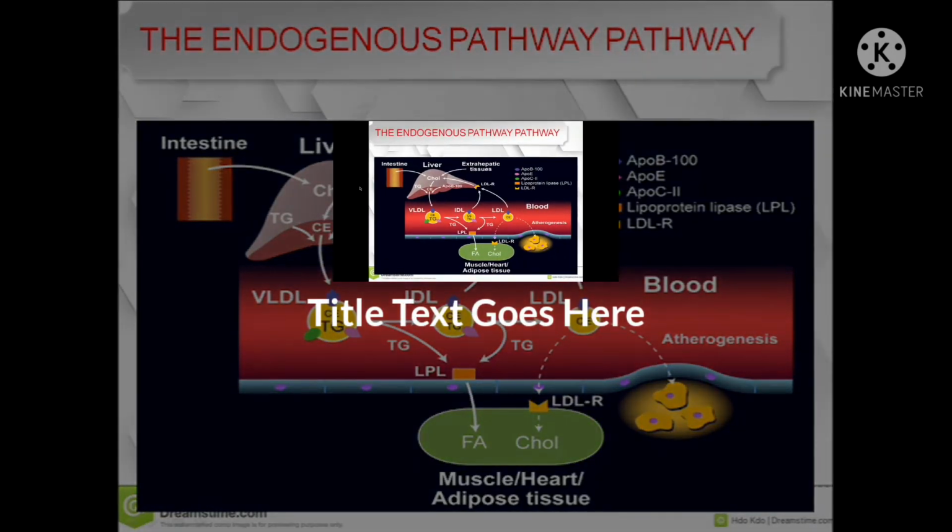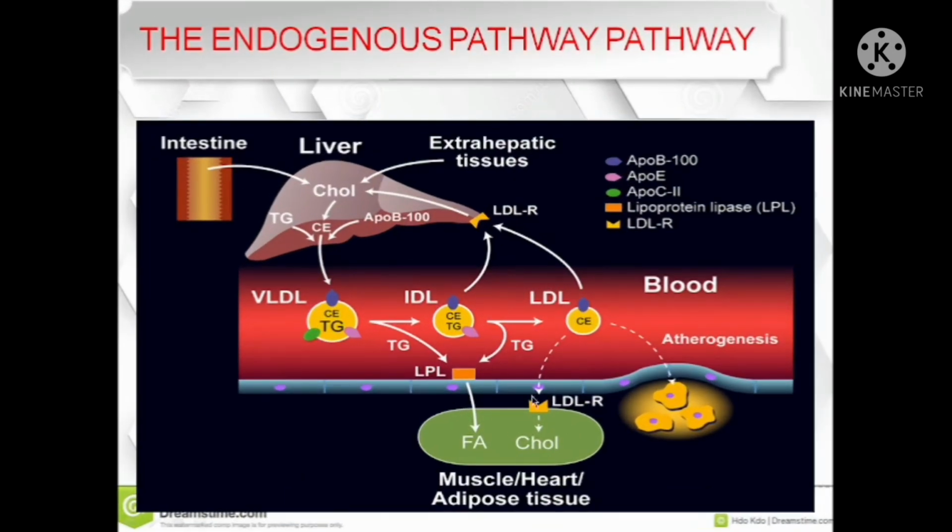Once some are taken up by the hepatic triglyceride receptor, the rest is converted to LDL. So after the hepatic triglyceride receptor has taken its share, those that remain in circulation will be converted to LDL. So from VLDL to IDL to LDL, this is all happening in the endogenous pathway.